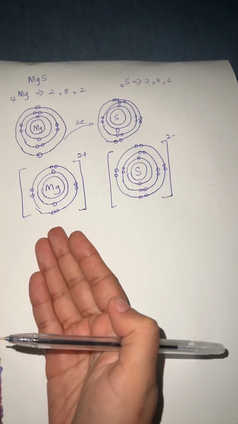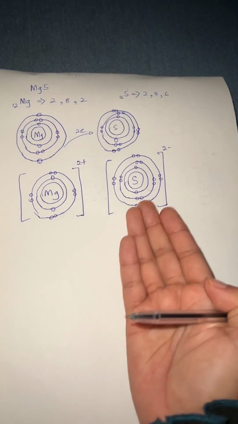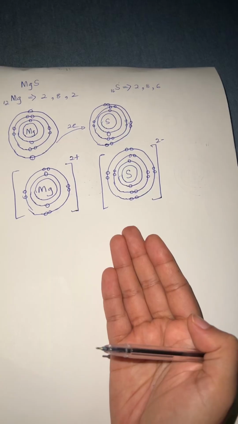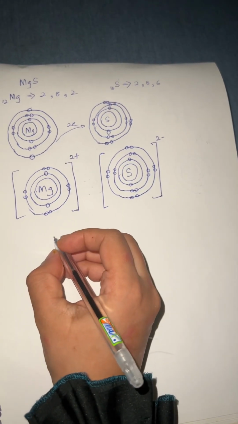So magnesium ion plus sulfide ion combine together to form magnesium sulfide, right?